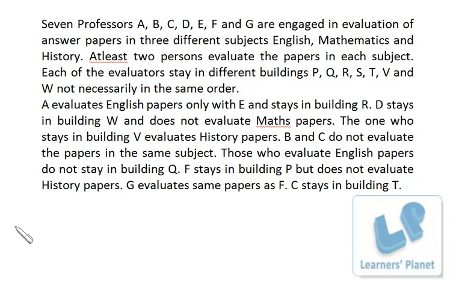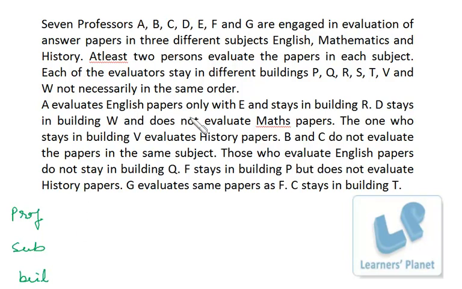Okay, so what I do, I write over here the 3 variables: professors, then subject and then building. Now once again, do not write the name of the professors over here like A, B, C, D, E, F, G. Whatever information you are able to get from this paragraph, just jot it down over here.